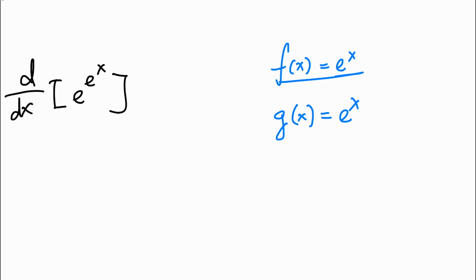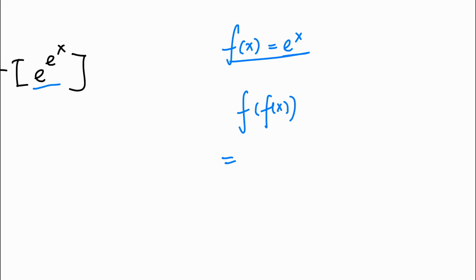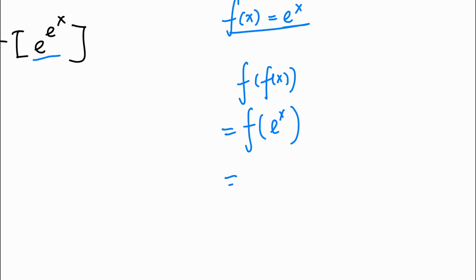I guess you can combine those equations if you don't want to use too many variables. So this function is basically f of g of x. Why is that? Because f of x is e to the x, and that is e to the x slot, which is this thing, so e to the g of x.